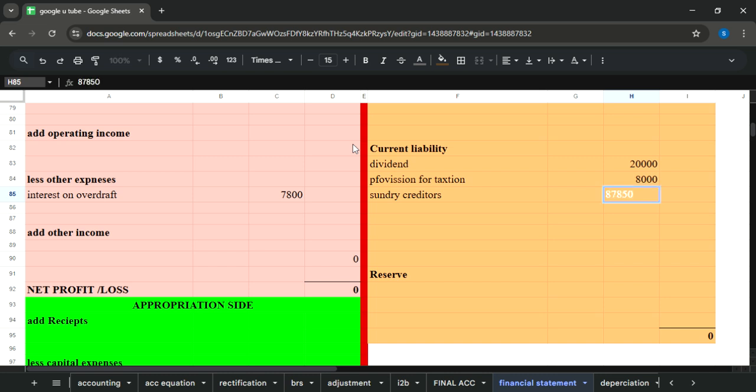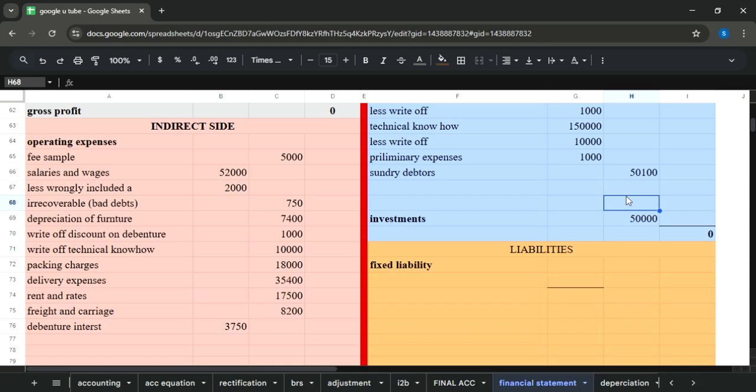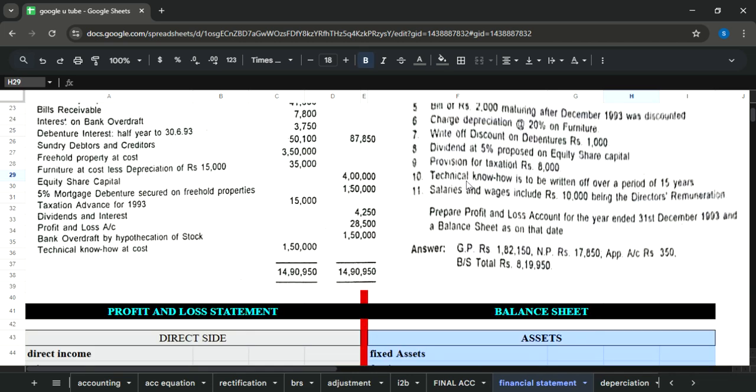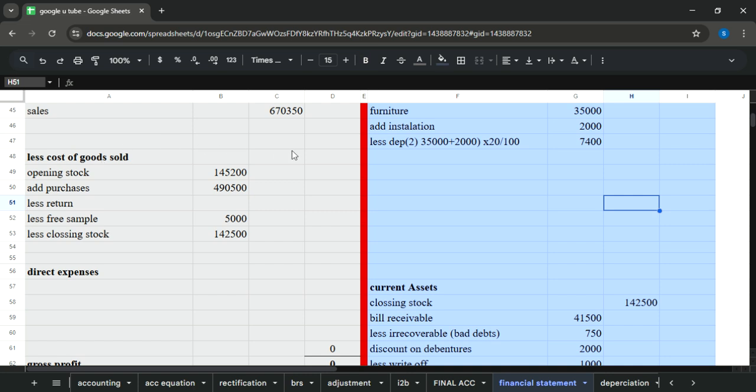You may have some objection about why I do not call it 87,850. It's a long sentence, and while writing, the amount is not important to describe, which is why I read the amount in an unconventional way, 87,850. Sundry creditors are posted. Then we have freehold property. We'll go to the fixed asset side.